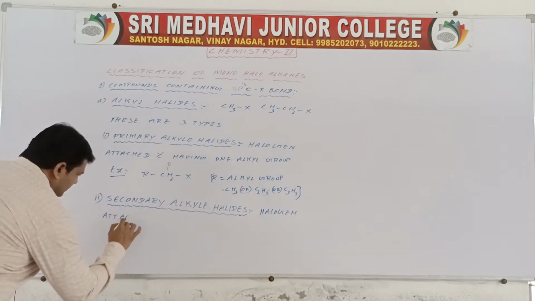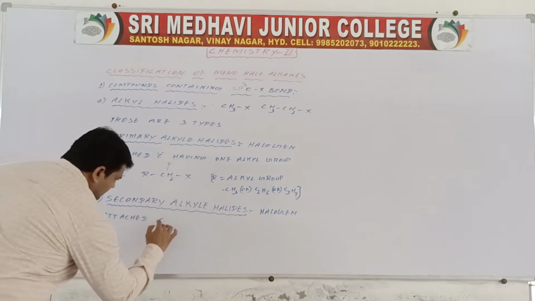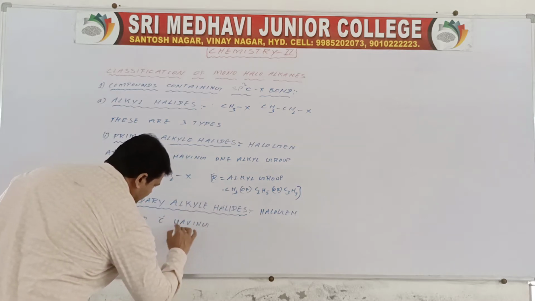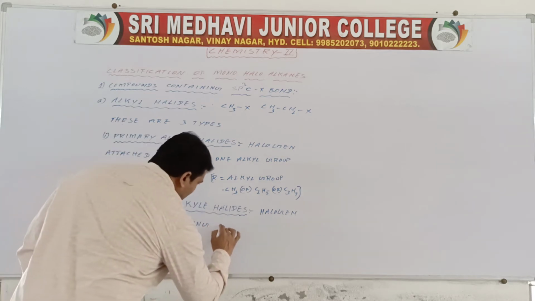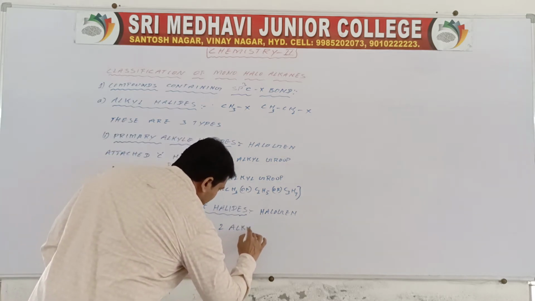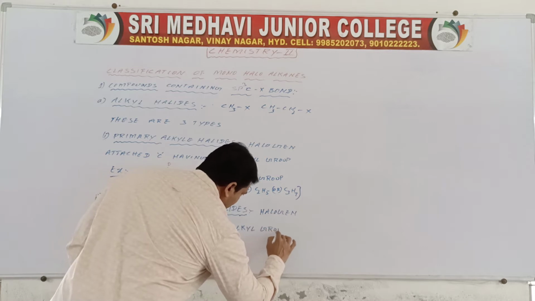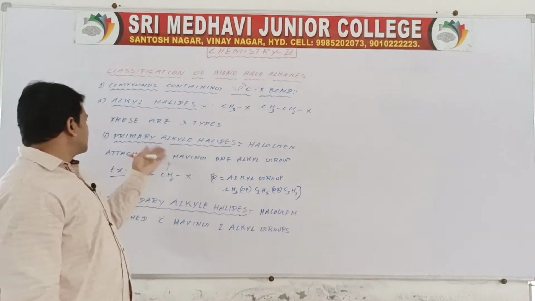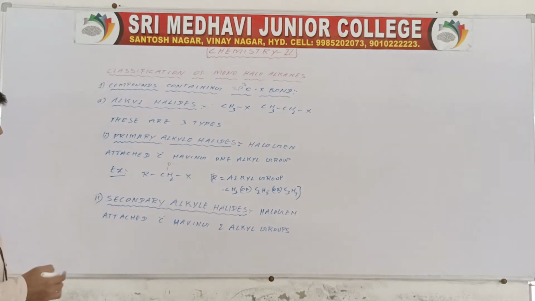One alkyl group means primary, two alkyl groups means secondary.